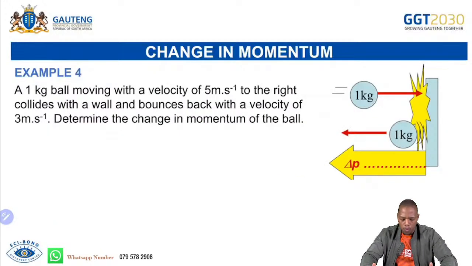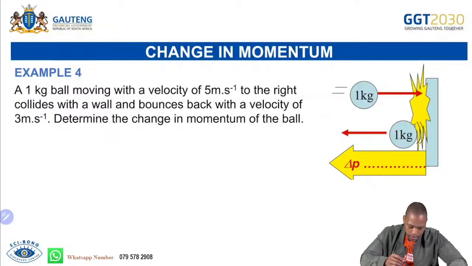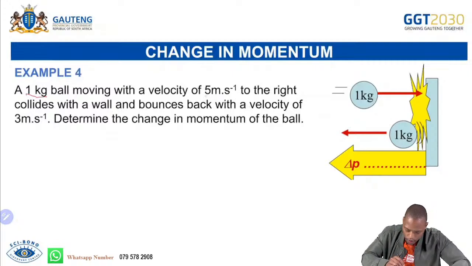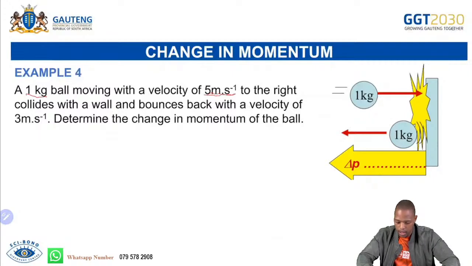But now we have example 4, where again we need to calculate the change in momentum. Example 4 says to us a 1 kilogram ball with a velocity of 5 meters per second to the right collides with the wall.